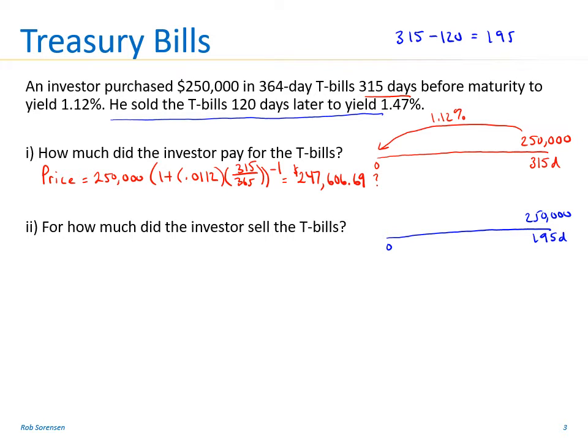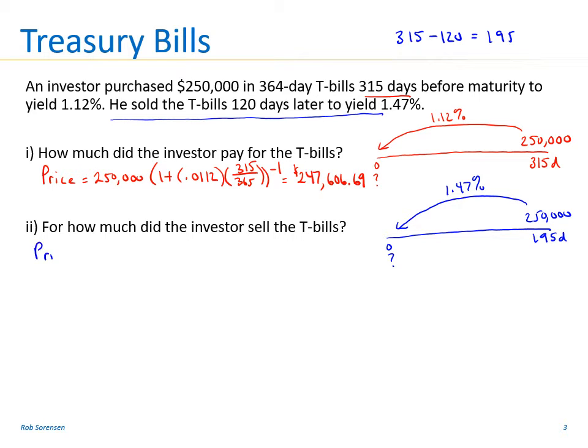So he's waited part way, and now he's going to sell them. He sells them so that the new person can earn a rate of 1.47%. So what price would he pay for those? Well, we can do much the same thing.